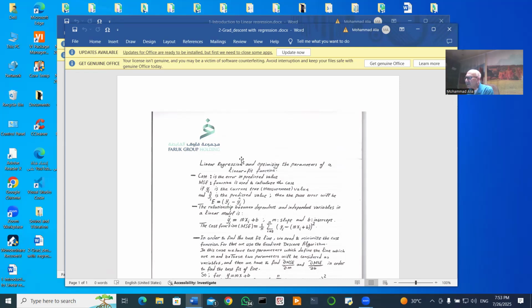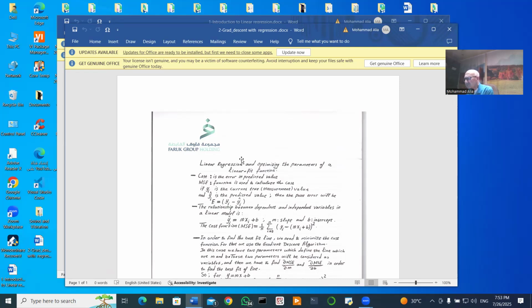Then we use its expression and coefficients, and we find the sum of squared errors for all the points, or the mean of squared errors.